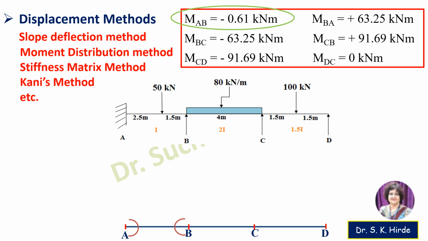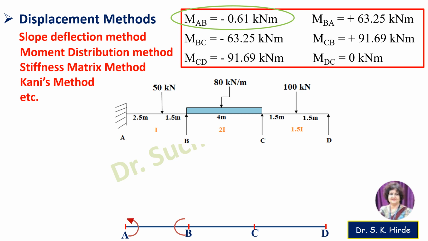Now you can see that the bending moment at A, whose far end is B, that is MAB, is negative, that is minus 0.61. So in this case, we have drawn one curved line at A. You have to draw an arrow to this line in such a way that if the value is negative, it will rotate in anti-clockwise direction, like this.